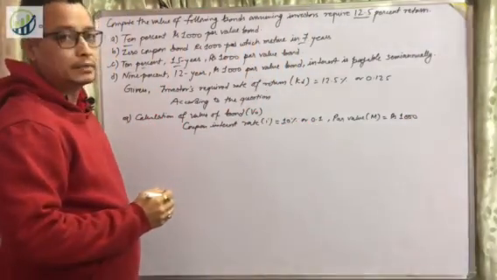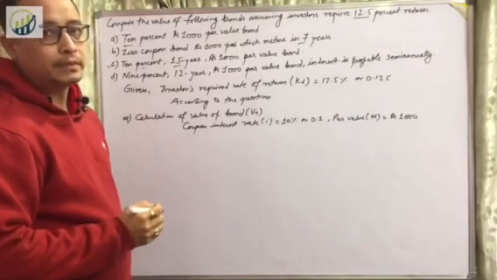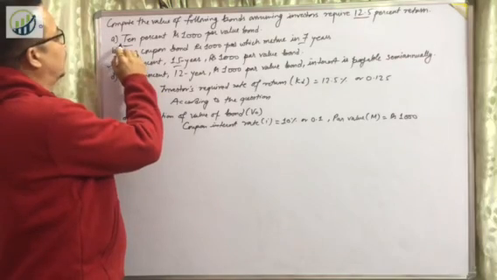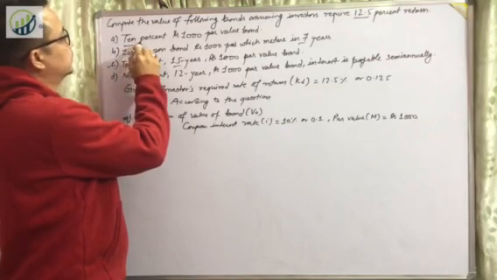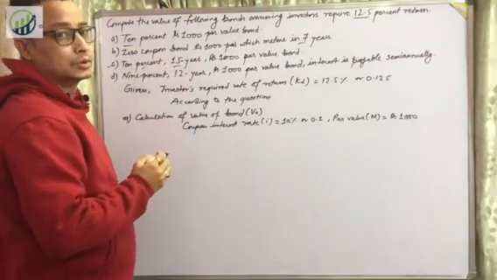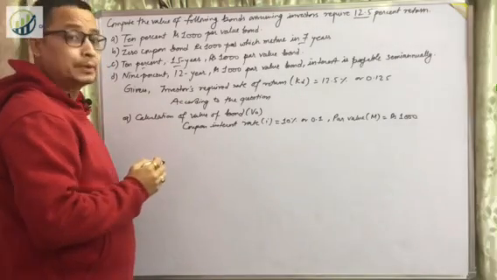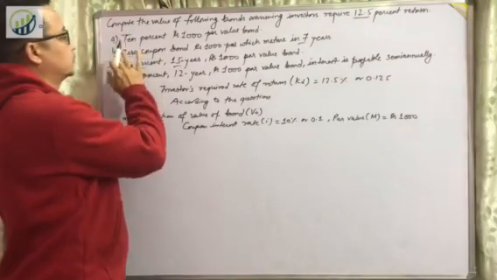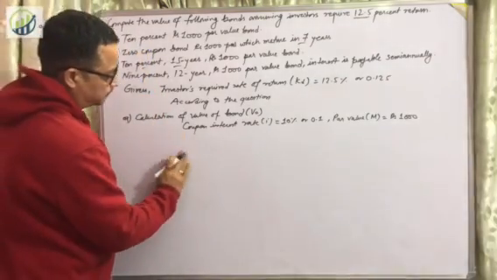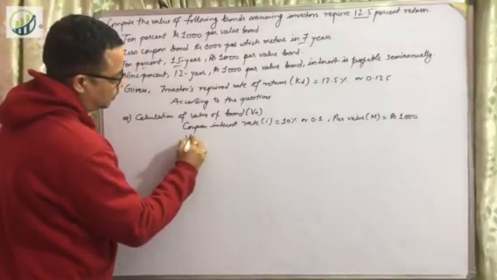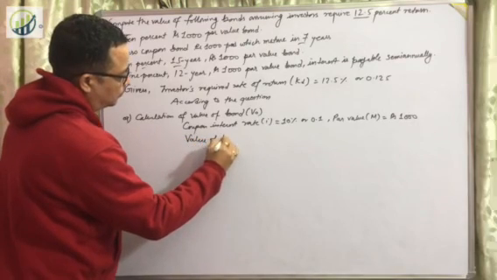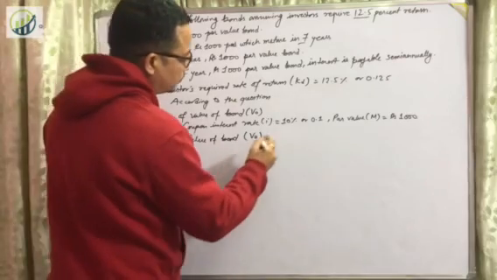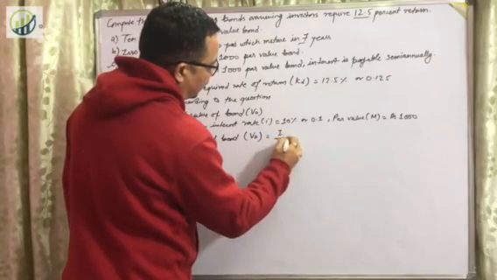So before you find the value of bond, you have to identify what type of bond it is. So here if you see, the information is 10% 1000 par value. So this is a perpetual bond. Okay, so in perpetual bond there is no maturity period. So now value of bond B0 equal to I upon KD.